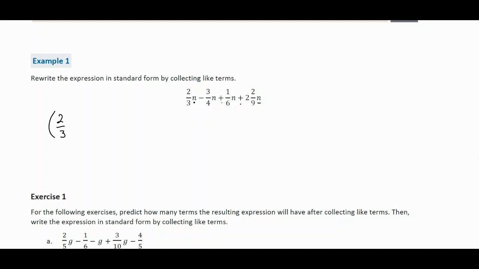We got 2/3 minus 3/4 plus 1/6 plus, let us change this into an improper fraction, 9 times 2 is 18 plus 2 is 20/9, and then n.